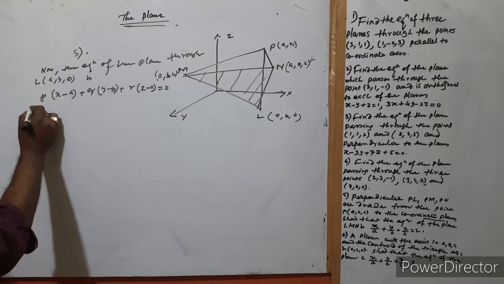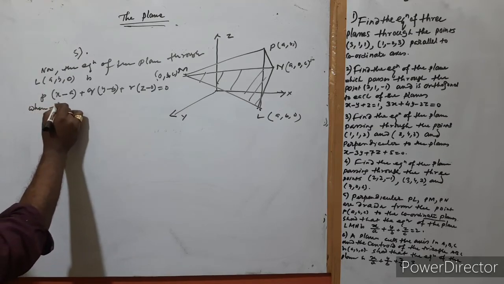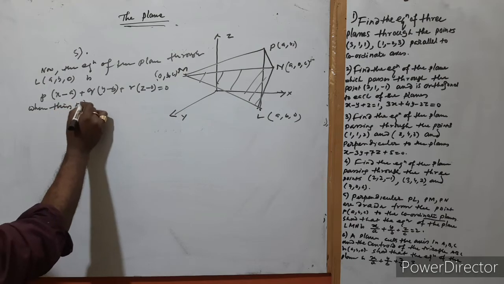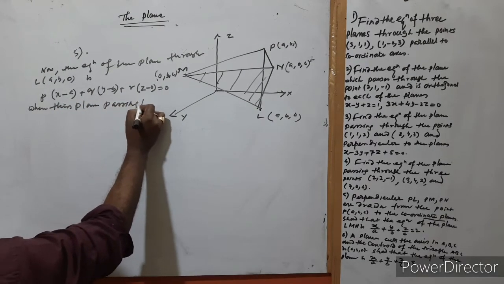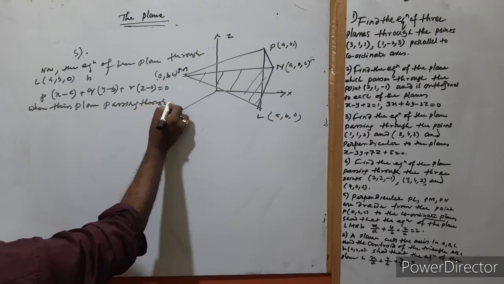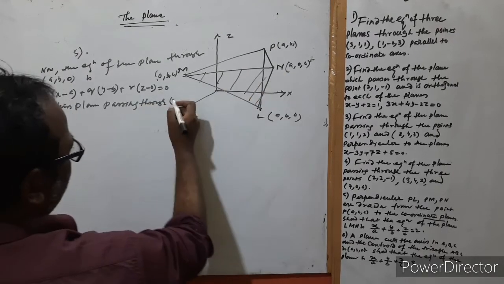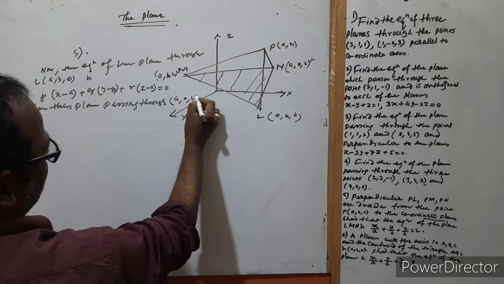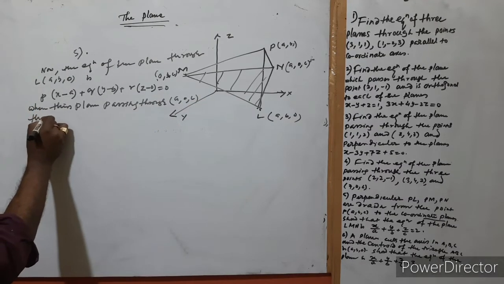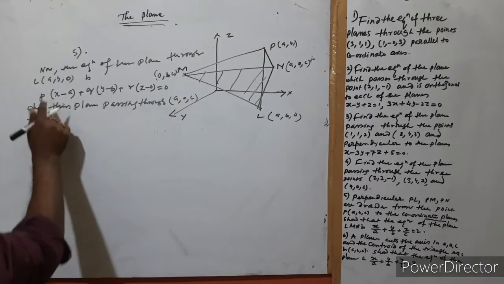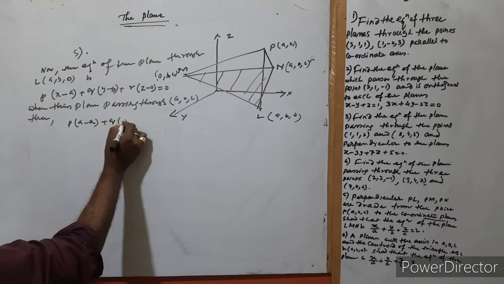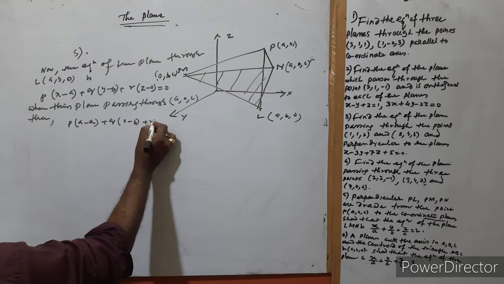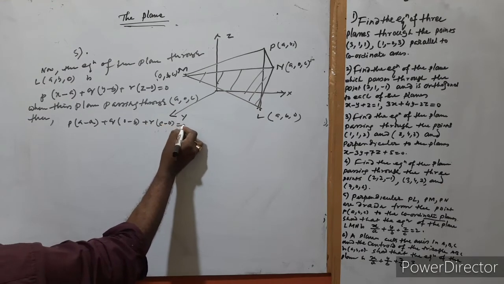When this plane passes through the point (a, 0, c), we get P(a minus a) plus Q(0 minus b) plus R(c minus 0) equals 0.